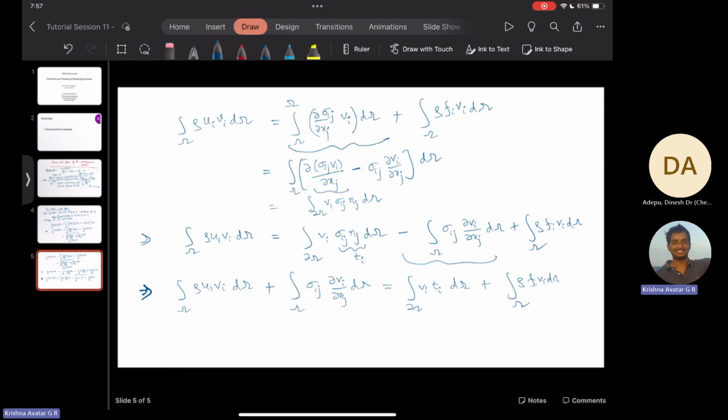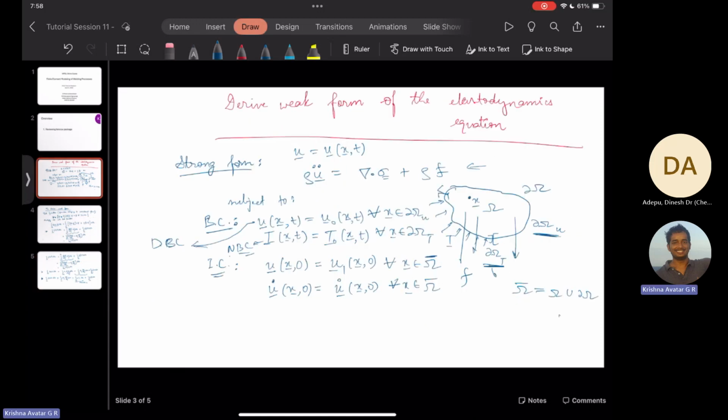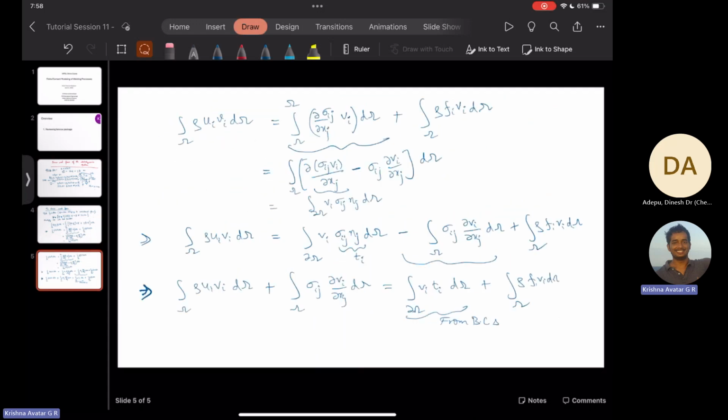Now you can clearly see where this T_i is coming from. Again, this is over the surface. So this follows from boundary conditions. Recall we had prescribed certain boundary conditions, right? This boundary condition, Dirichlet. So if you are not applying any traction, this term is zero naturally.